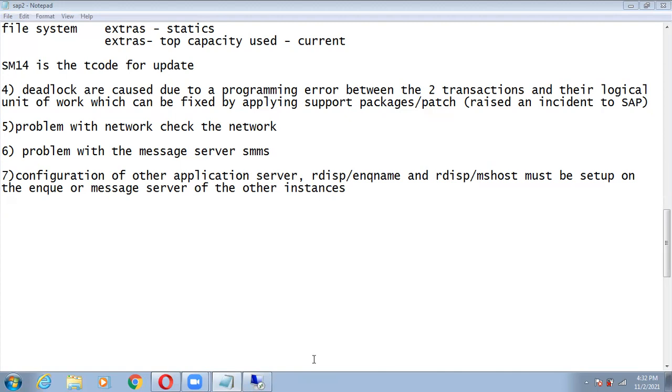Tell me, what is the lock T code? SM12, sir. Yes, yes. So yesterday what I told: the locks which are held above 12 hours, you need to escalate to the next level. And for the dialogue, what is the time duration I told yesterday?